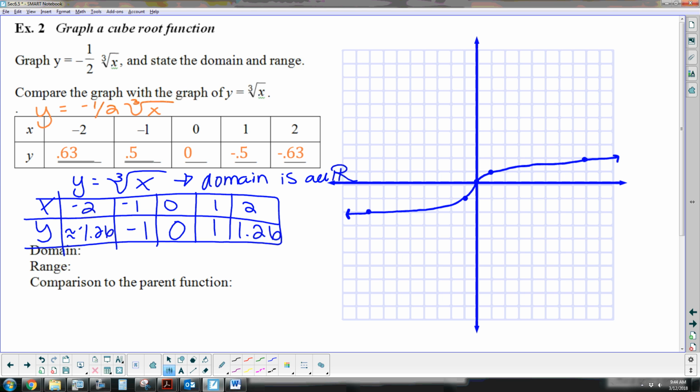Now, you can see the graph in blue to the right. But now let's look at the graph of y equals negative 1/2 times the cubed root of x.